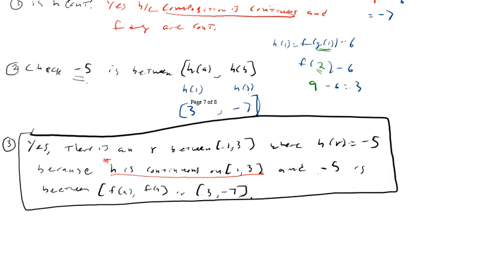And you need to say that negative 5 is between f of a and f of b, or 3 to negative 7. Without those two pieces, you will not get any points. And you need to say that there is an R between those two numbers. Three pieces you need in this proof.